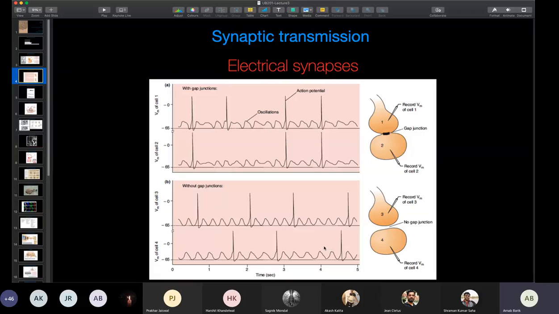So they think that chemical synapses are the primary mode of communication between two neurons, but you also need gap junctions for some of the behaviors that need neuronal circuits to work in tandem with each other.